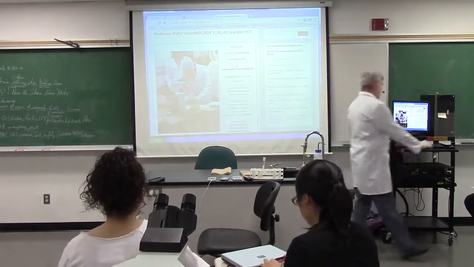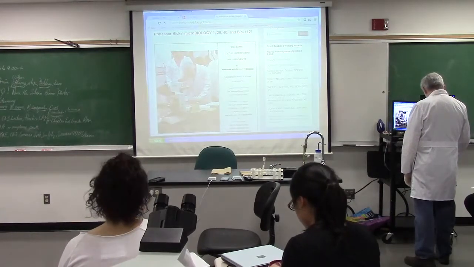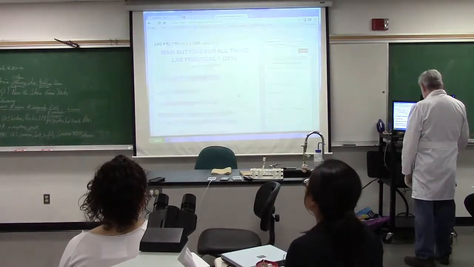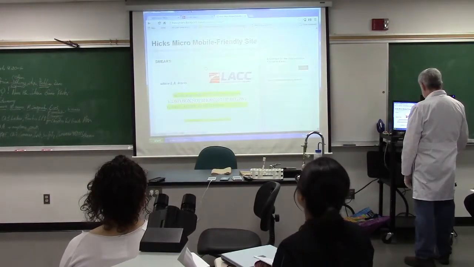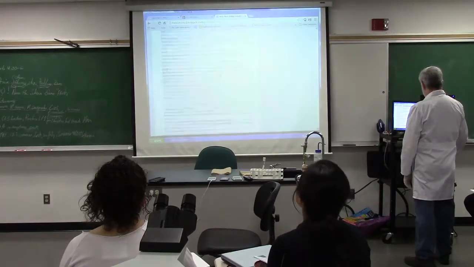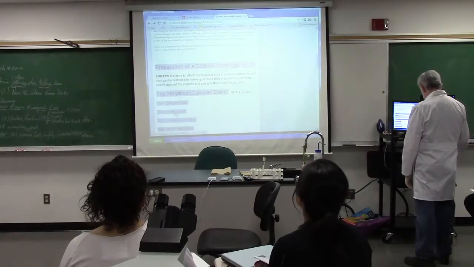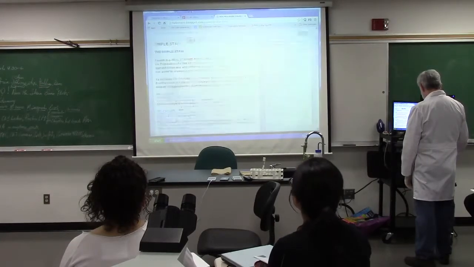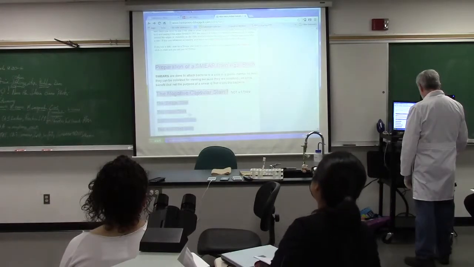Just to show you where that is: Lab Practical 1, and then preparation of a smear. Let's see, I guess it was back here a little bit. Maybe it was under... Oh, I know where it is.